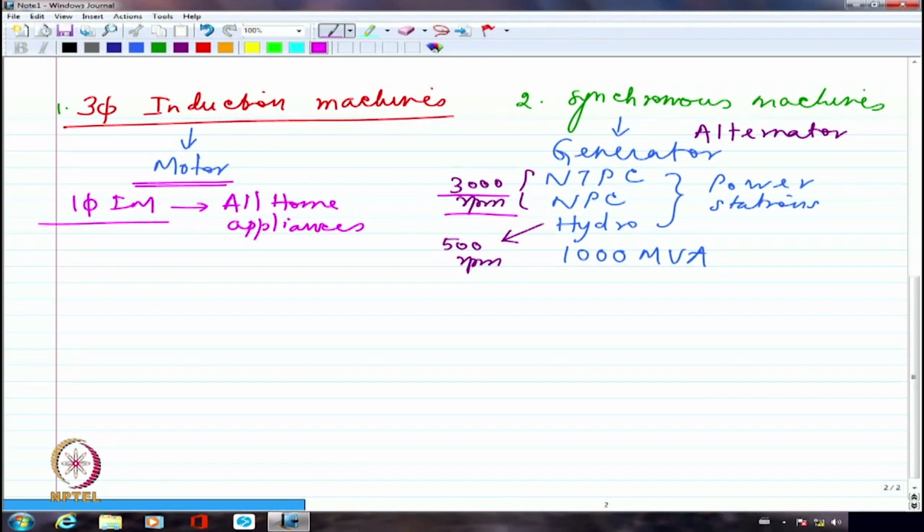That's what people think. But we are wasting a huge amount of power in that, because every home uses at least 10 to 15 single-phase induction motors. So you can imagine we probably consume 40 watts in a fan, but what we convert into the form of circulating air corresponds to only 20 watts or even less. So we are really wasting a huge amount of power in single-phase induction motors.